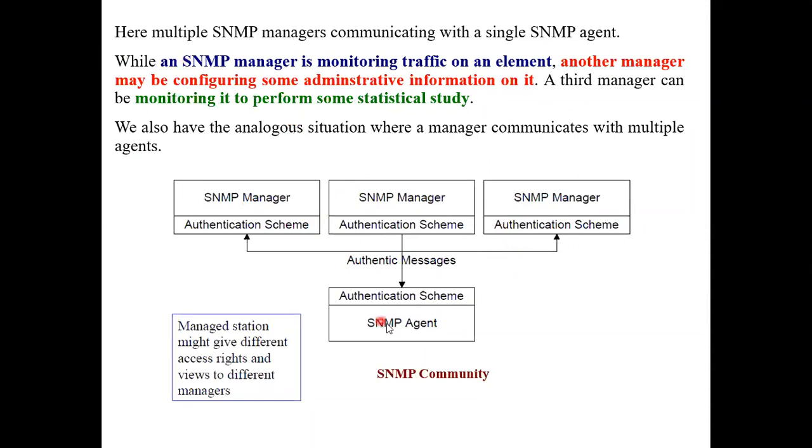Here the agent remains the same, but we have multiple SNMP managers taking data from the SNMP agent. An authentication scheme is present in all the managers, and similarly in the SNMP agent. So multiple managers are communicating with a single SNMP agent.